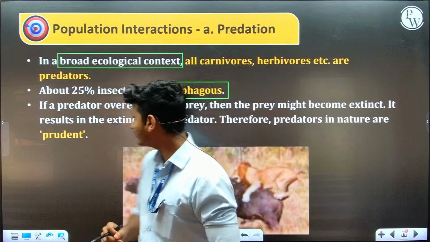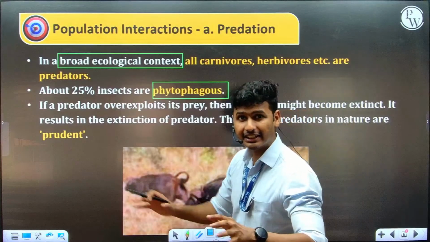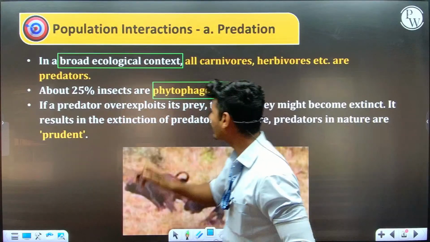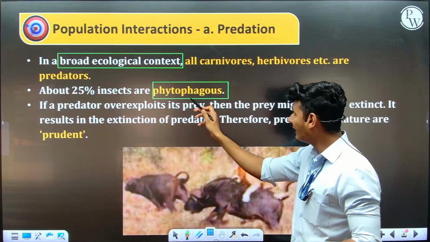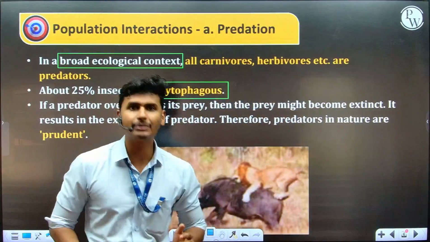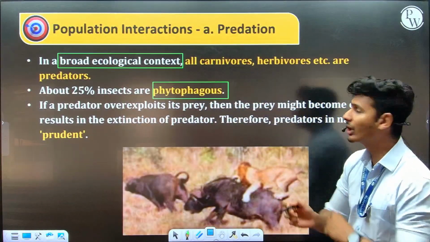Now, out of those insects, if we consider 100% of insects, 25% are dependent upon plants for their food. Phytophagous, that is, dependent on plants. So 25% of insects depend upon plants.